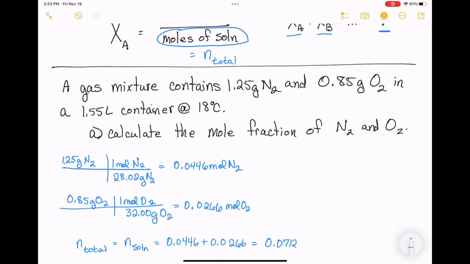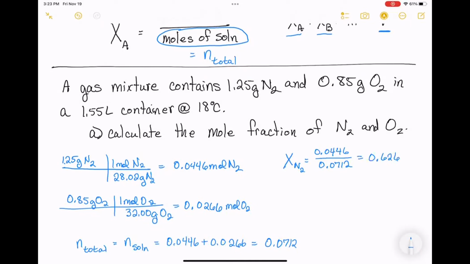Now to get our mole fraction of nitrogen, that would equal the moles of nitrogen, which is 0.0446, divided by the moles of solution, which is 0.0712. Which comes out to be 0.626.